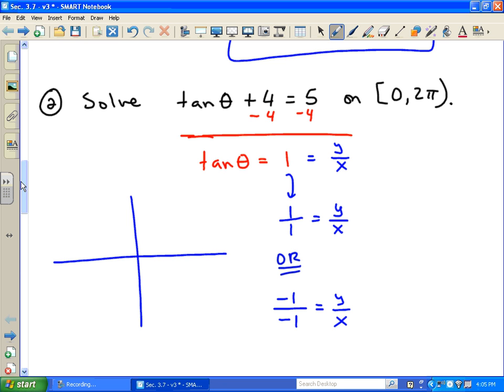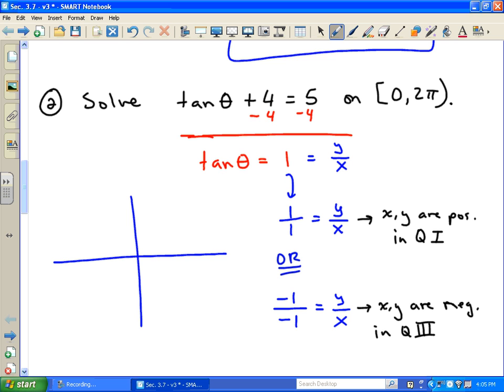On here, which quadrants are x and y positive in? X and y are both positive in quadrant 1. Where are the quadrants where x and y are both negative? X and y are negative in quadrant 3.